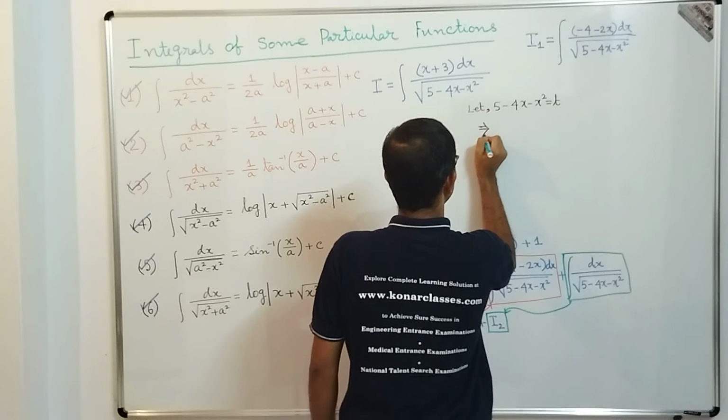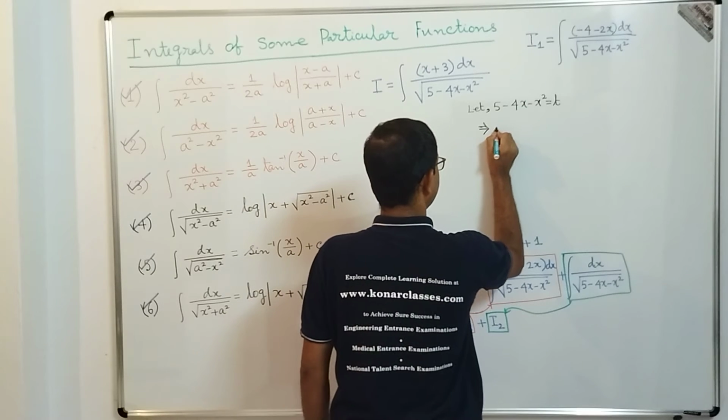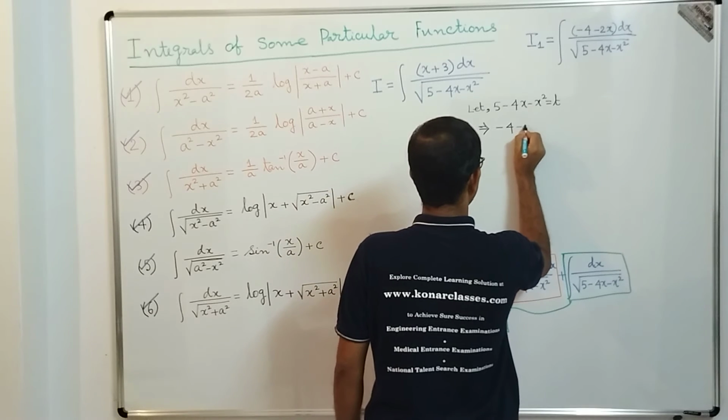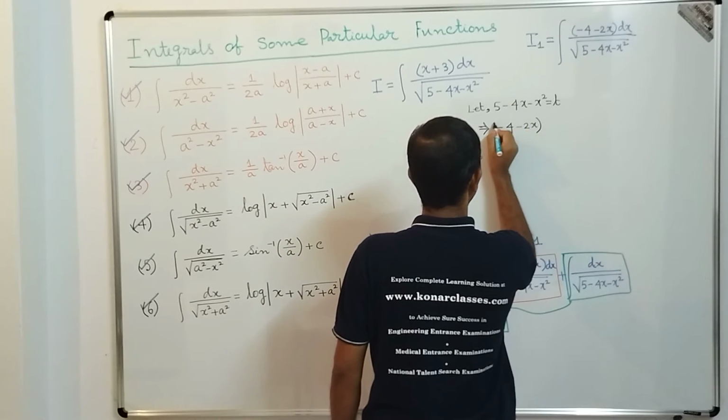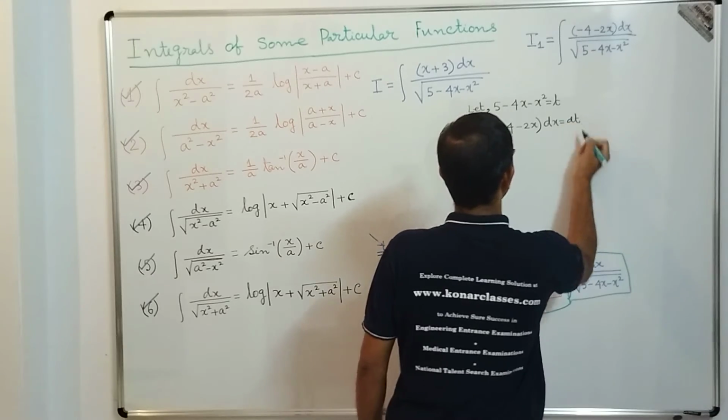This implies what? d/dx of 5 is 0, d/dx of minus 4x is minus 4, and d/dx of minus x square is minus 2x. So (minus 4 minus 2x) dx is equal to dt. Correct?